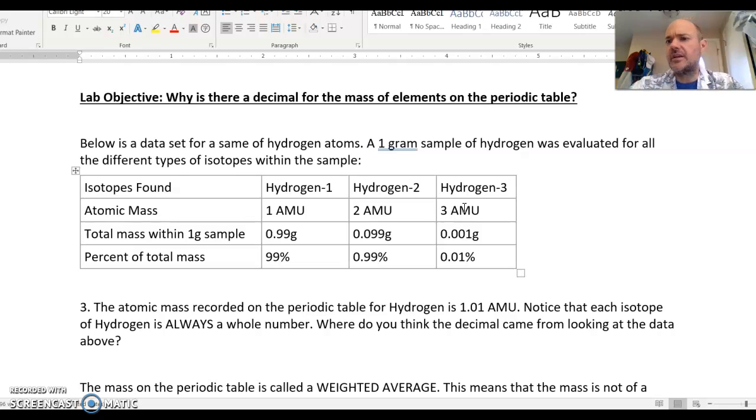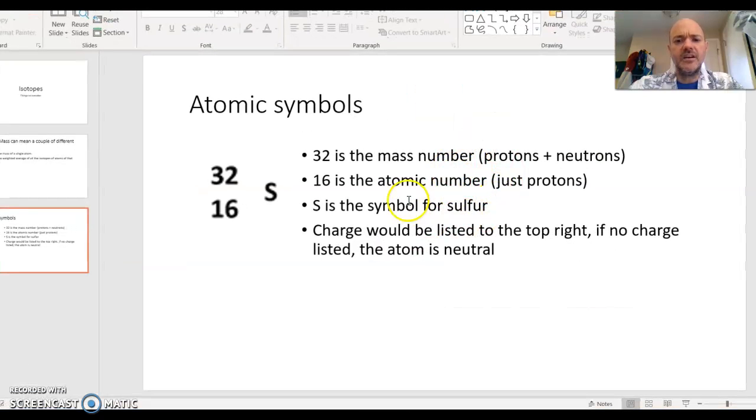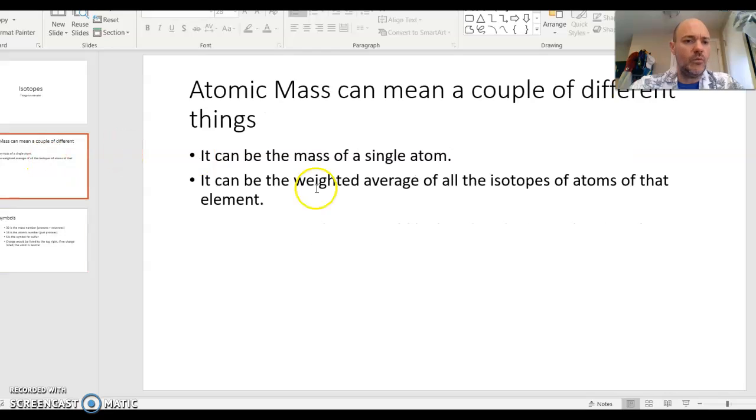One of the things I want to be clear about is that when we've talked about mass, we have looked at it in a couple of different ways. Atomic mass can mean a couple of different things. It can be the mass of a single atom. So when you have, for example, a hydrogen atom that has one proton and one neutron, it has a mass number of 2, and that is the mass for that atom.